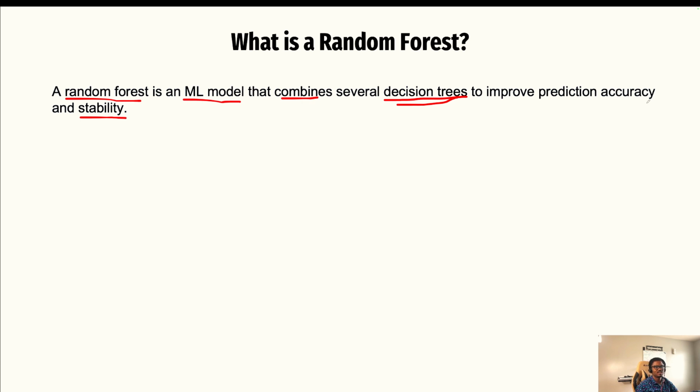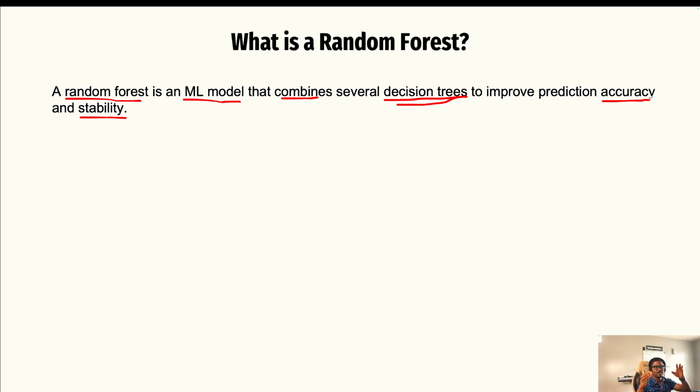Stability and accuracy. From the previous video we learned about decision tree. We saw how decision tree is constructed with nodes going to nodes, and then at the end we have the leaves. If you have not seen that video, please go and watch it. Random forest is now combining all those decision trees, just like in the real world a forest has multiple trees.